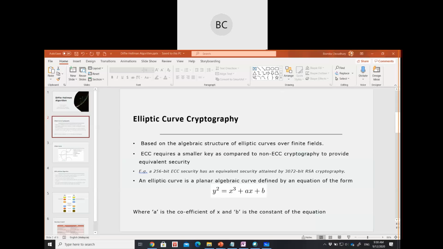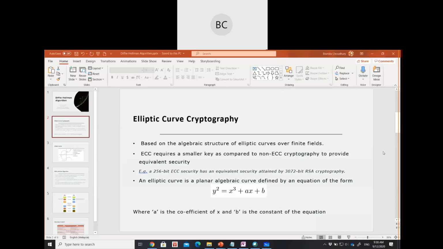Since the Diffie-Hellman algorithm is based on this elliptical curve, we try to find out the values of A and B. And this algorithm provides equivalent security to RSA even though the key is small.